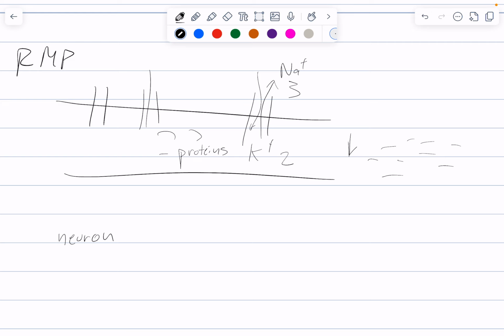There's also potassium leak channels. So potassium will go in, but also potassium will go out. And these potassium leak channels help to bring it back to equilibrium because overall there will be more potassium leaving.